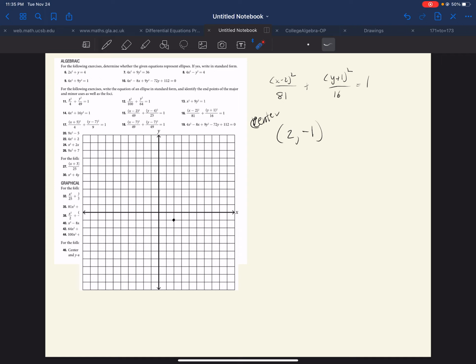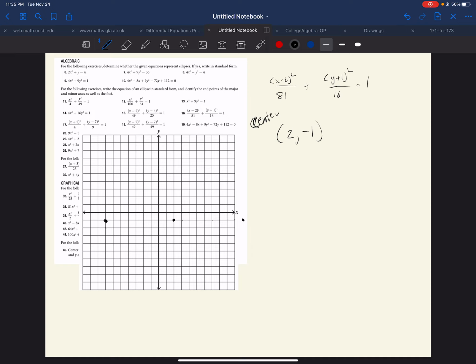And so I will still look underneath the x, and the square root of 81 is 9. So from this spot, I need to go left 1, 2, 3, 4, 5, 6, 7, 8, 9, right there. Then I need to go to the right 1, 2, 3, 4, 5, 6, 7, 8, 9, which will be about 1 off the page.